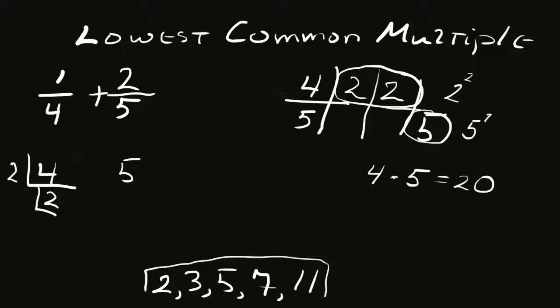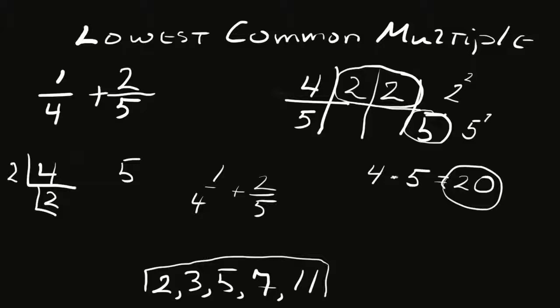Now let's use our least common multiple to combine the two fractions. We've got 1/4 and 2/5. We want a 20 in the denominator of both.